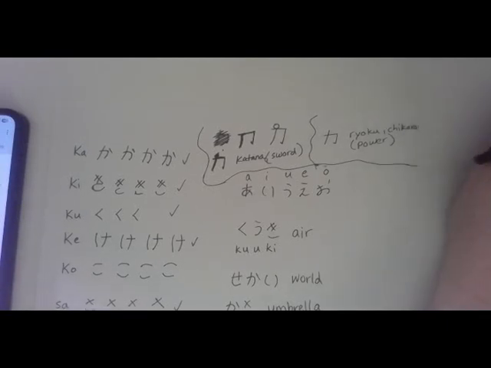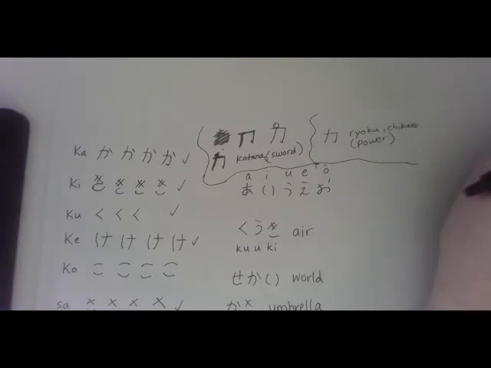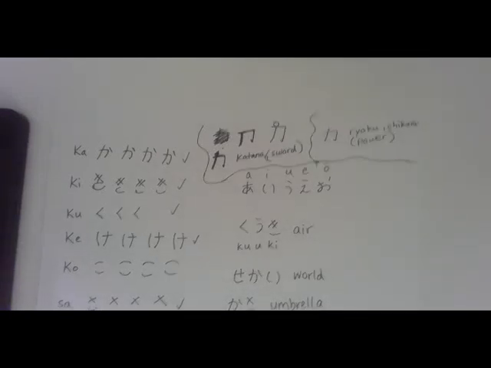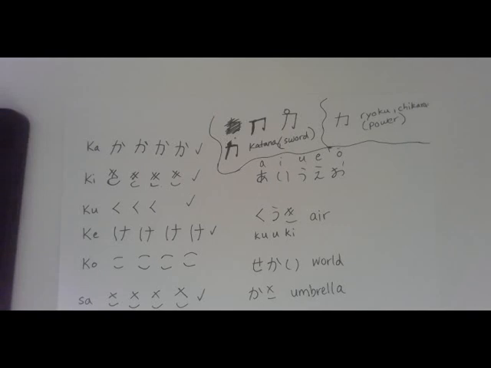But I still have my written notes, so I'm just going to explain it as fast as I can. In my first video I explained the vowels in Japanese, which are a, i, u, e, and o.